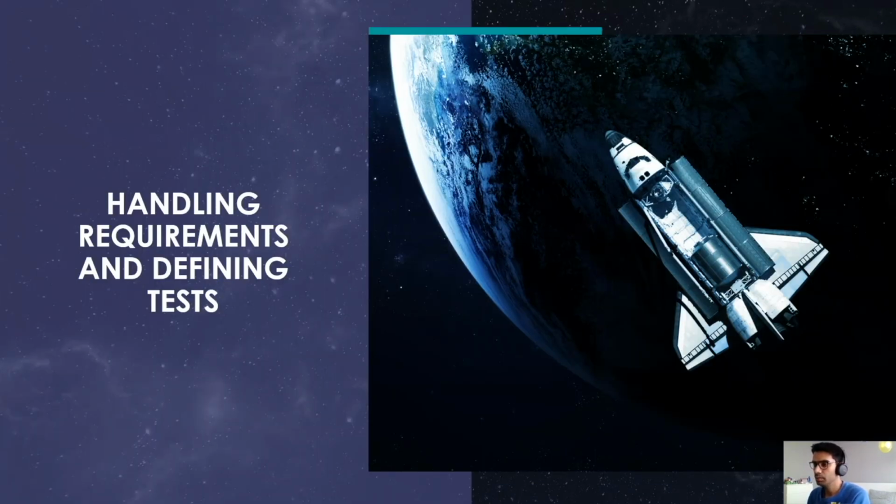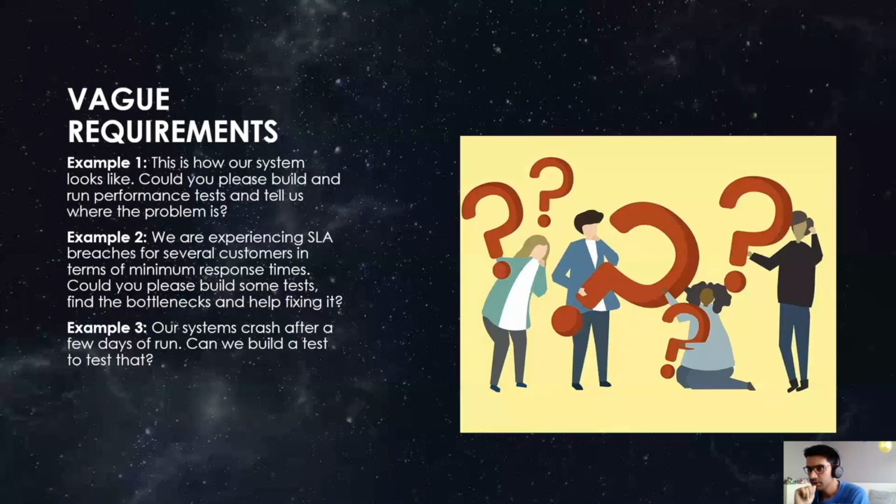So let's talk about how we handle requirements, especially the non-functional requirements, and how we can define the tests. What happens in the beginning, when you are starting on a project or working with requirement analysts, product owners, or project managers, is that they might request these kinds of solutions.